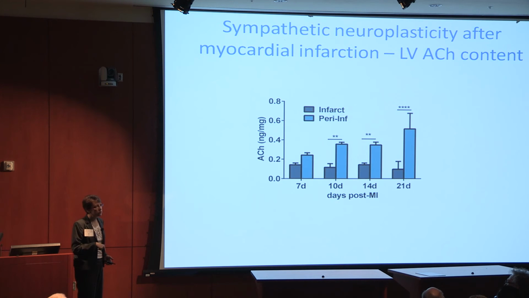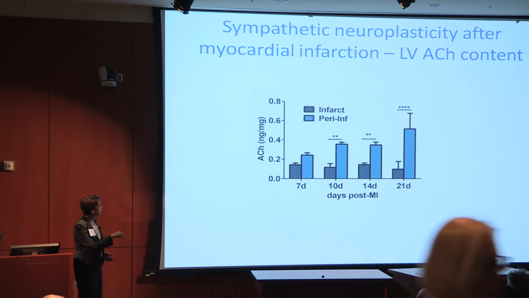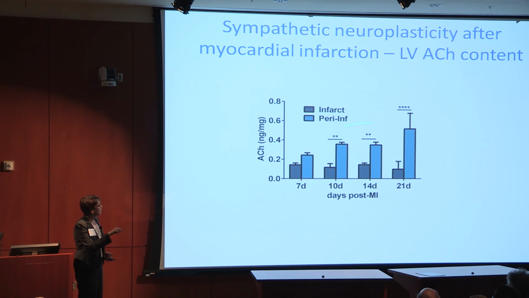Now, is this in sympathetic nerves? That we don't know yet. We have measured norepinephrine content. We've developed a method to measure norepinephrine and acetylcholine from the same tissue. Norepinephrine content is low in the infarct because it's mostly denervated, but it's completely normal in this peri-infarct zone.